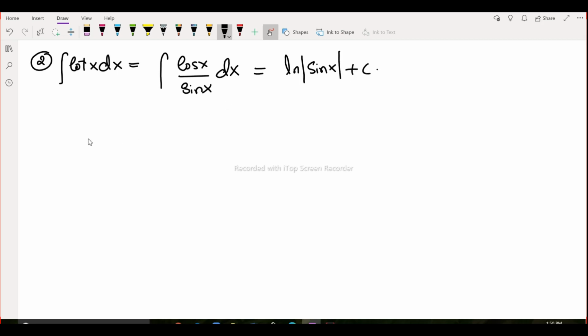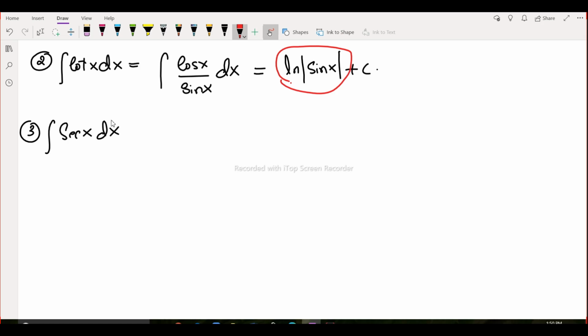That's it, right? Now we're understanding why we're using this method, because we don't have a standard formula for the derivative of ln sin x. So that's why for cot x we need to follow this method, and for tan x as well.